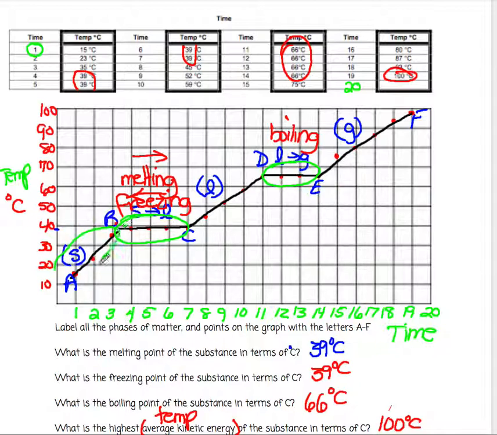Kinetic energy is rising on the slopes. Right here, right here, and right here. Should have done it in a different color. This is kinetic energy rising because the temperature is rising. Average kinetic energy is a fancy way of saying temperature. Okay? I know there was one more question, but I don't remember what it was.